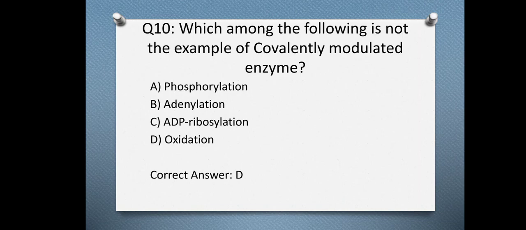So this type of enzyme regulation is carried out with the attachment of molecules like phosphate and adenyl monophosphate; ADP ribosylation and methylation also take place. This type of enzyme modulation is known as covalently modulated enzymes.